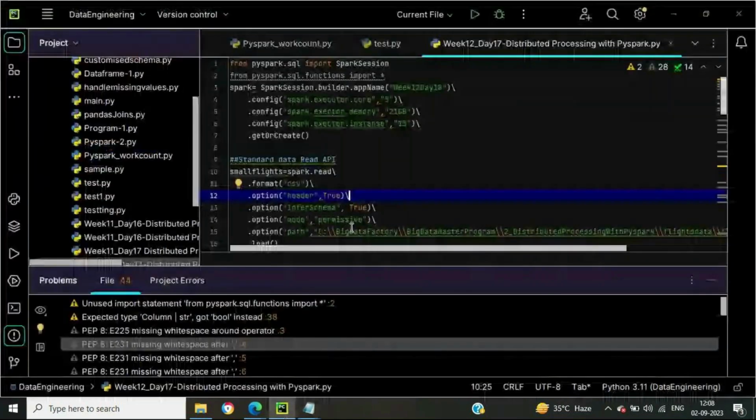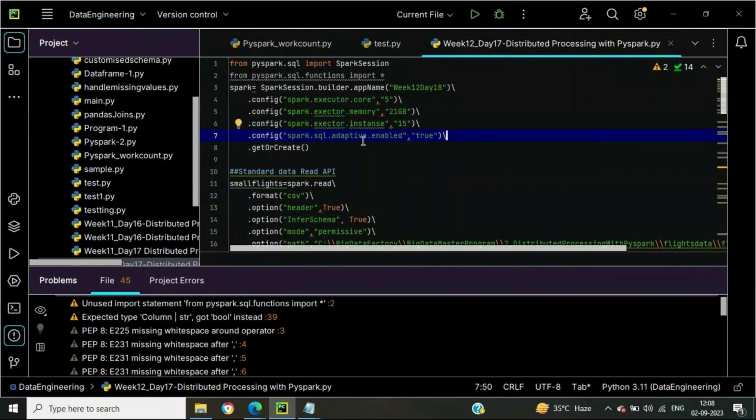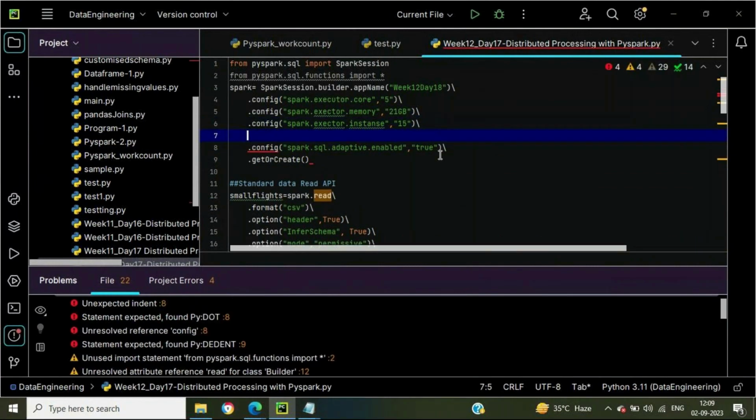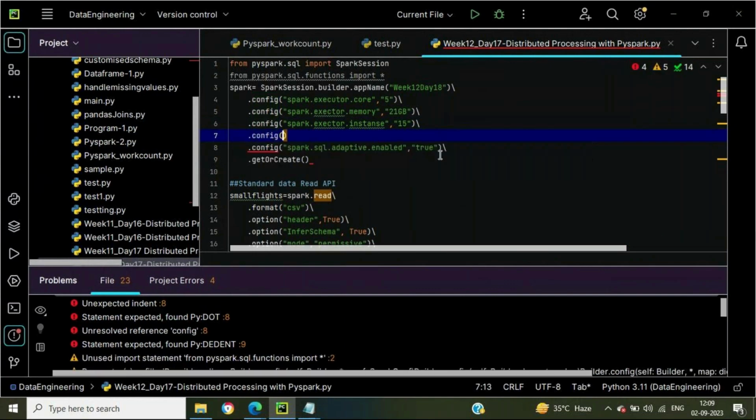Over here, just mention .config and this property, spark.sql.adaptive.enabled, and true.